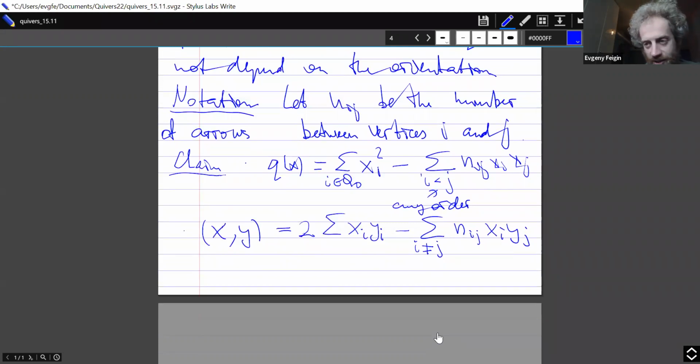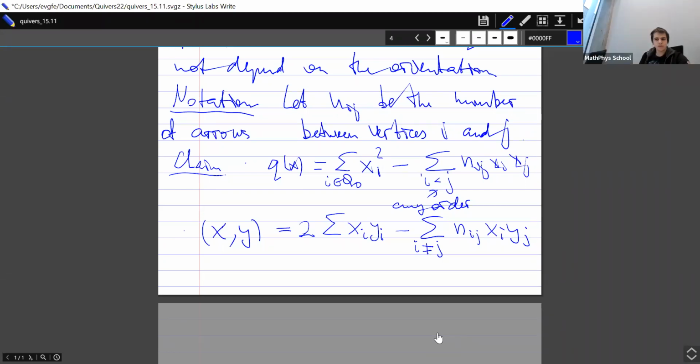So the claim is that the value of the bilinear form on two vectors is twice the sum of x_i y_i minus the sum over all non-equal pairs i,j, but it's important that we compute two times each pair. Because we have x_i y_j and x_j y_i, these are two different things, right?